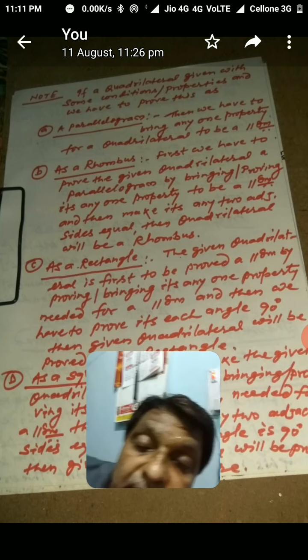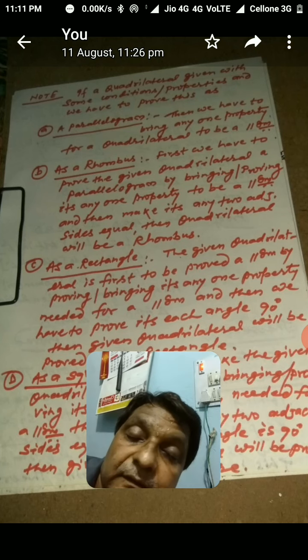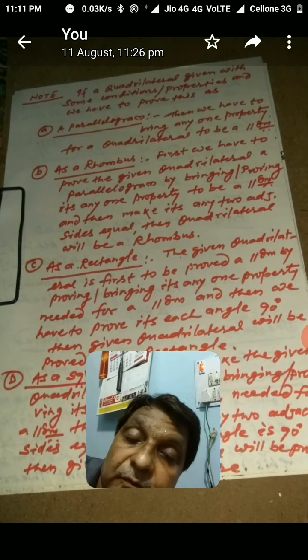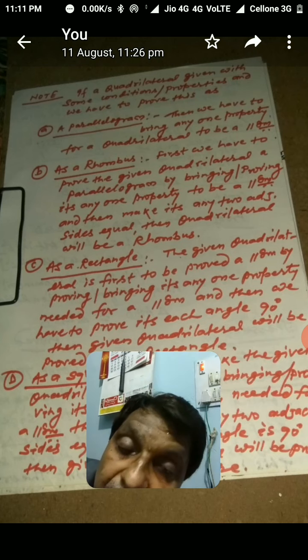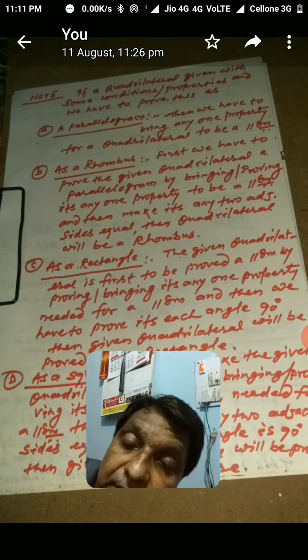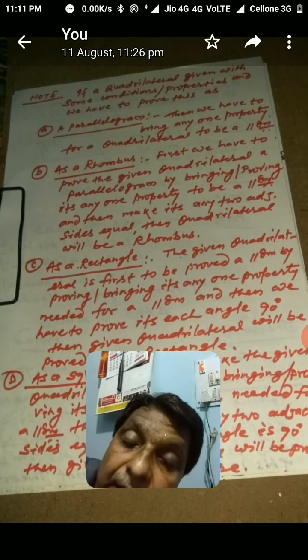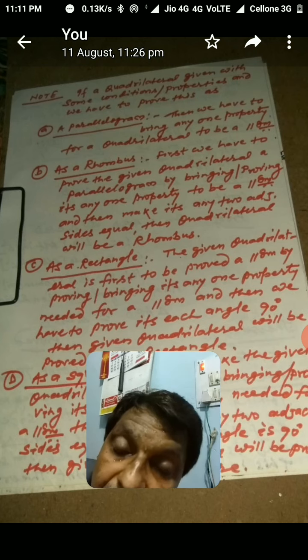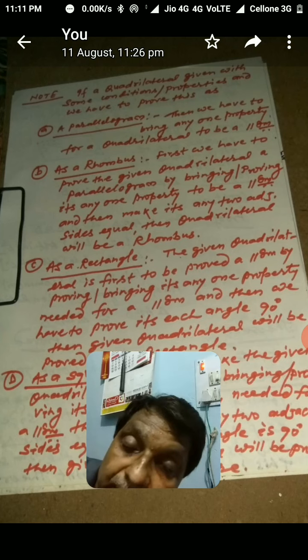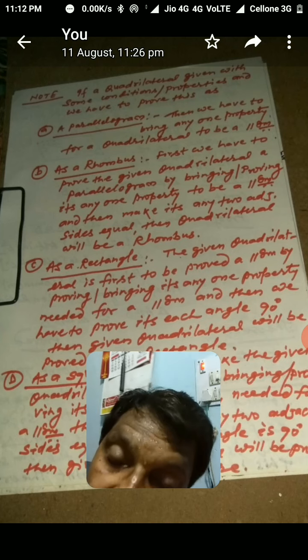It states that it is necessary to take not both pairs of opposite sides, rather only one pair of opposite sides, and make them parallel and equal. Then it is sufficient to say that the given quadrilateral is a parallelogram.